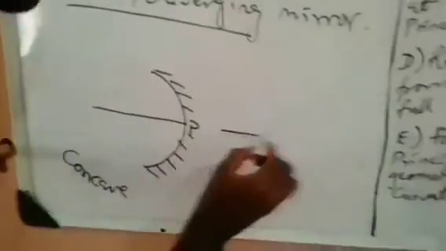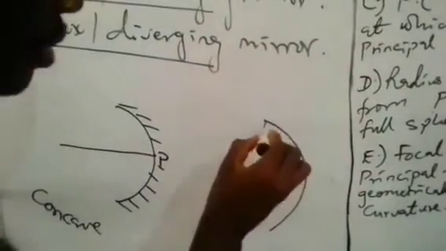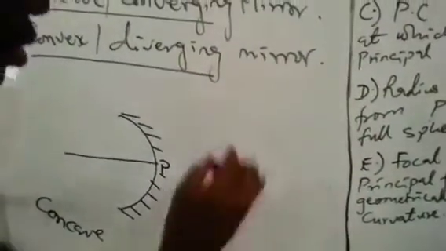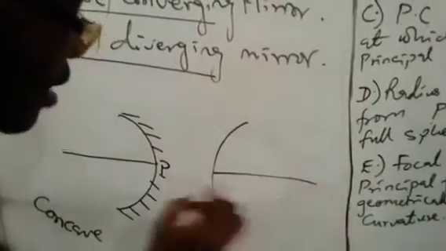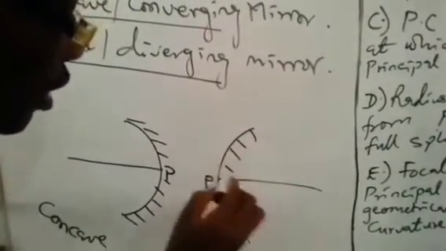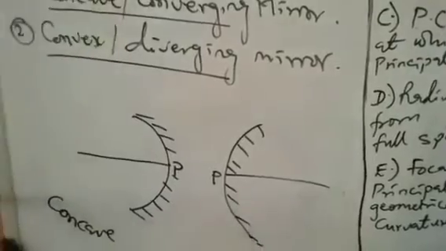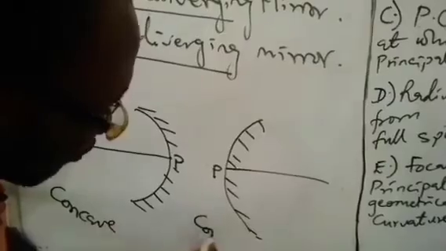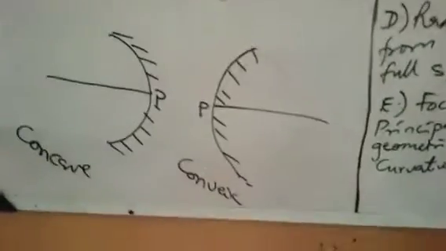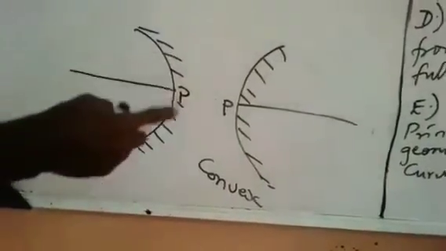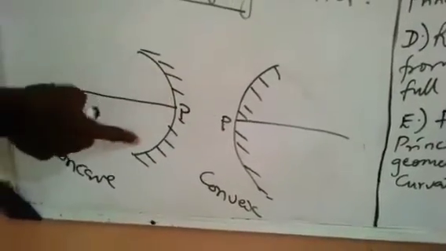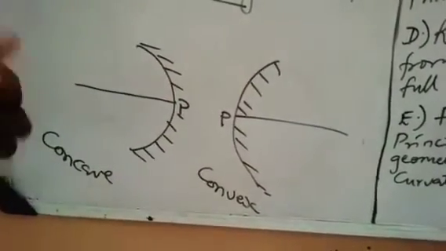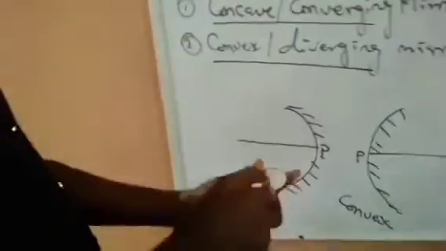But if on the contrary I have something like this and have the inner surface shaded, leaving the outer surface to be the reflecting part, it means I formed a convex mirror. So once the outer surface is shaded and the inner surface is the reflecting part, we have a concave mirror. And that is what we have here. This is the concave mirror.